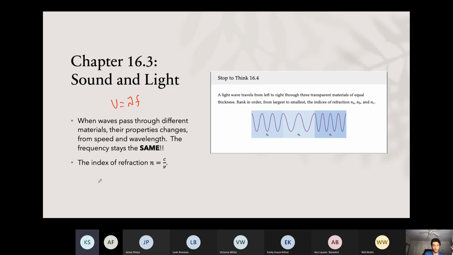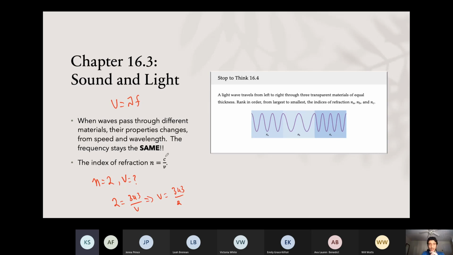They can normally tell you, for example, that n is equal to 2. What is the new v for sound in air? Okay, that's easy. 2 is equal to the speed of sound in air, which is 343, divided by the new speed. So v is equal to 343 divided by 2. That would be the new speed, and so on. You can do so many things with this.